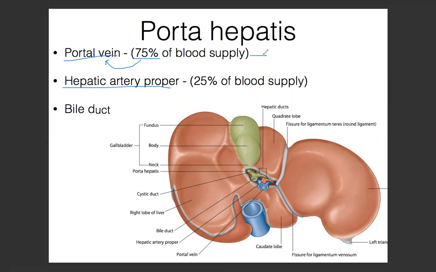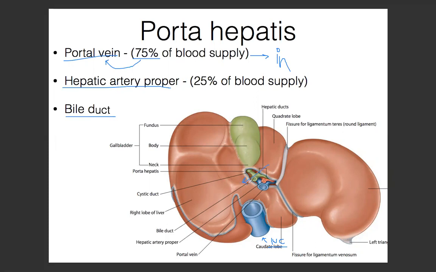Another thing to know is that the portal vein is going inside the liver; it's not going out of it. The venous drainage outside the liver is by the inferior vena cava. So the blood supply for the liver is from the portal vein along with the hepatic artery, and the venous drainage from the liver is not from the portal or hepatics at all, it's from the inferior vena cava.